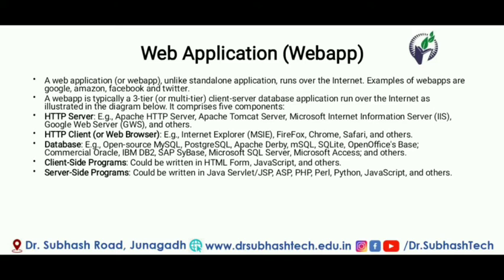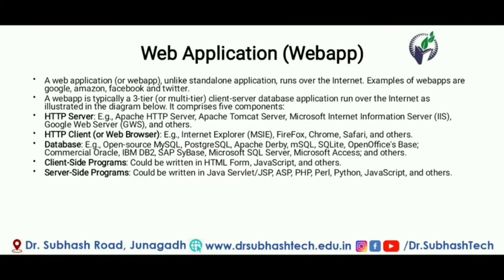Then next are client side programs and server side programs. To execute a particular client side or server side application, some programming is needed. To develop these programs, we need some technologies.